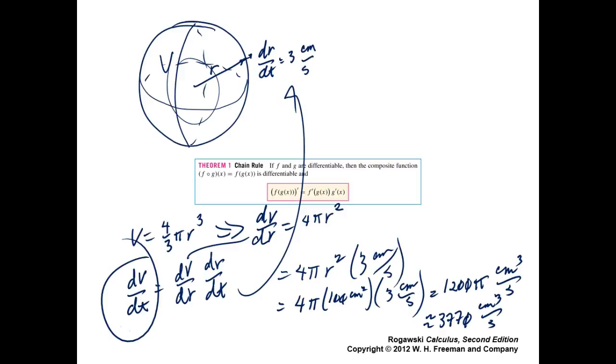Remember that if this g was some variable they called u, then this would be derivative of f with respect to u times derivative of u with respect to x. That's what we did here. Derivative of V with respect to r times the derivative of r with respect to t. That's what the chain rule does. Okay? Does that make any sense? Okay, a little bit. Yeah.